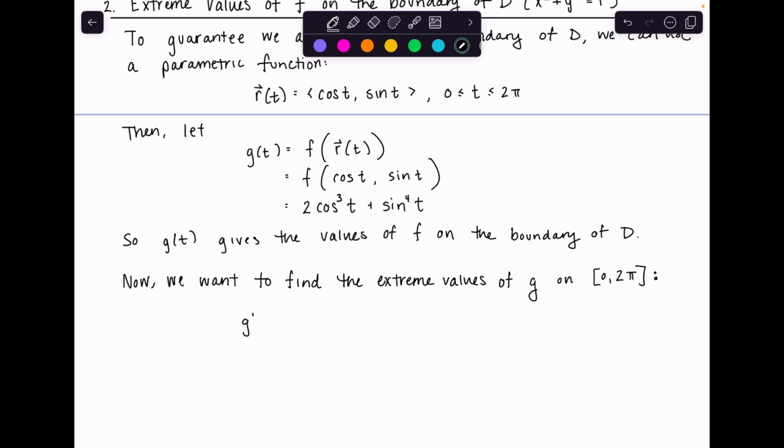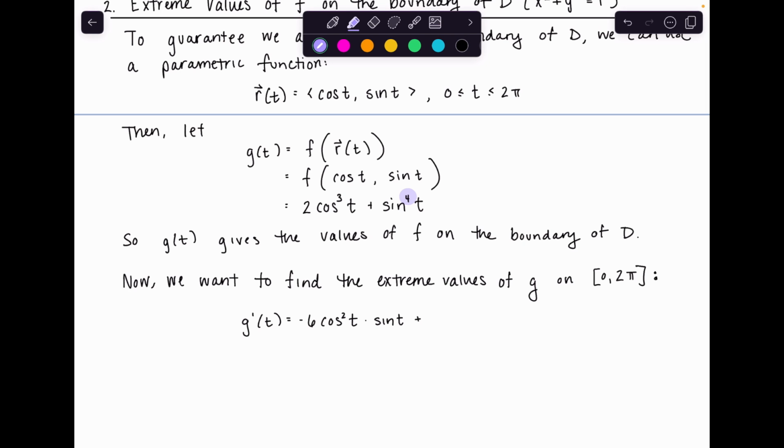So finding those critical points, we take a derivative, and we're going to have a bunch of chain rule. So bringing the 3 down gives us 6 cosine squared of t. But then chain rule, you have to take the derivative of cosine, which is negative sine. So I'm going to pop that minus sign out front.